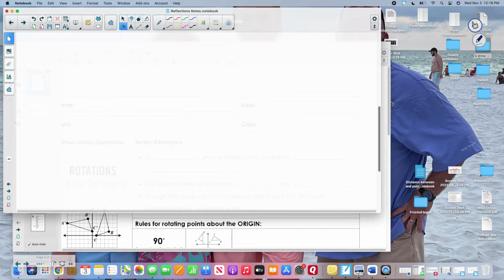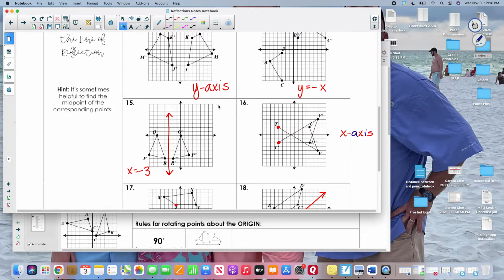Now, there's probably 12 examples on here, and we're probably at most going to work 2 of these. Here's the deal. If you know your rotation rules, then you just do what the rule tells you. There's no thinking involved. But we're going to rotate over things that are not just rules, so that's where it gets more difficult.